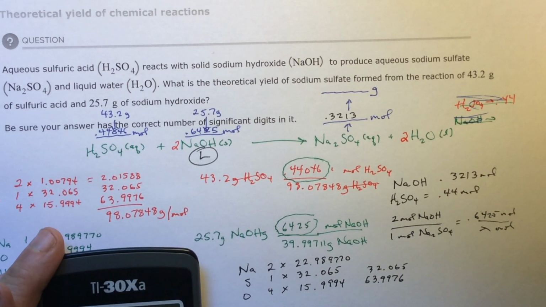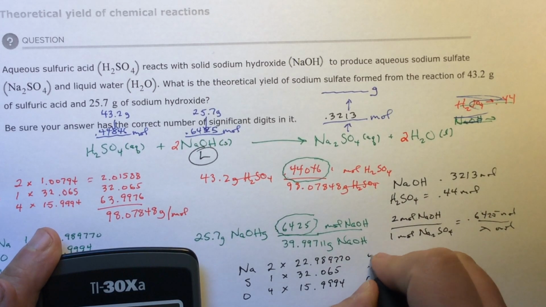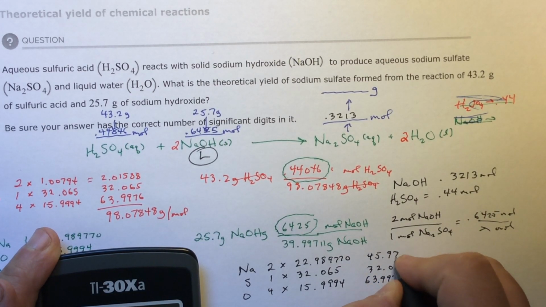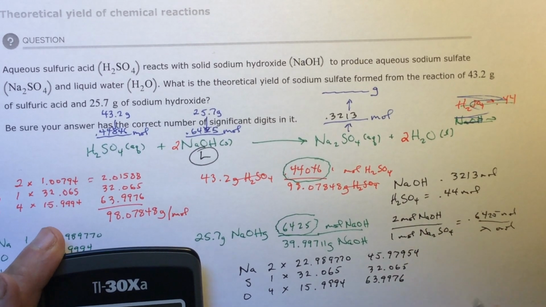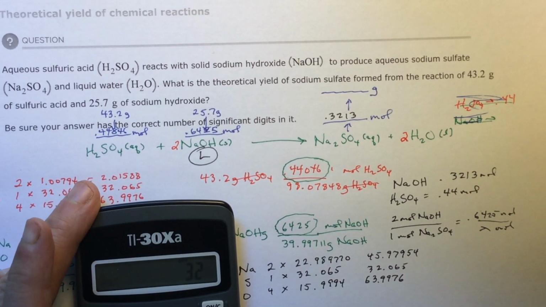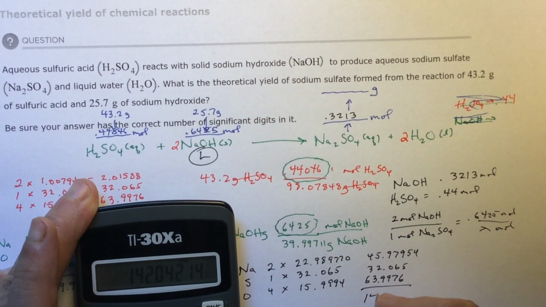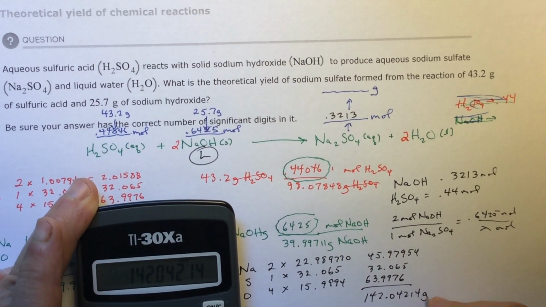And now I need to do 22.98977 times 2, 45.97954 plus 32.065 plus 63.9976, 142.04214 grams per mole.